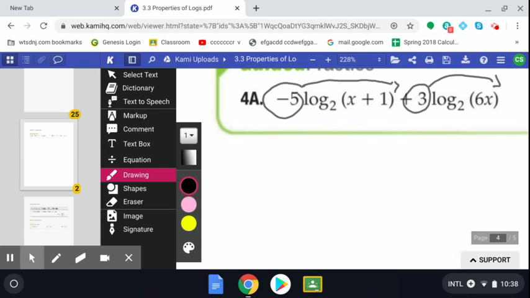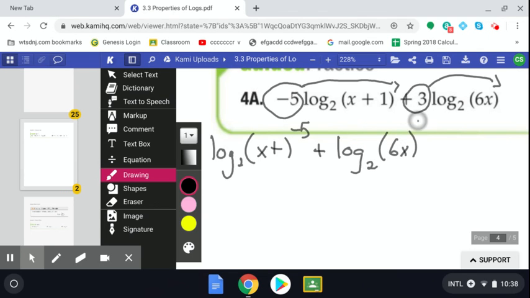And I'm going to say that log base 2 of x plus 1 to the -5 power plus log base 2 of the quantity 6x to the 3rd power is my first step. So I also see that there's a plus here and the word log twice. So I'm going to condense that. And I am going to say that I can write log base 2 only once.